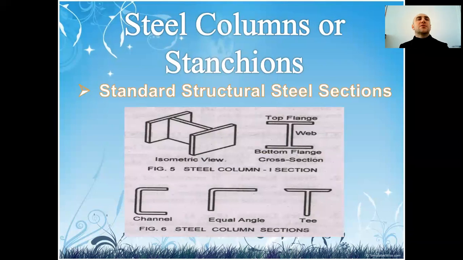The method of construction, the cost, availability, available time, and the number of floors are the main factors to decide what kind of material, for example wood, concrete, or steel, can be selected for the proper design.